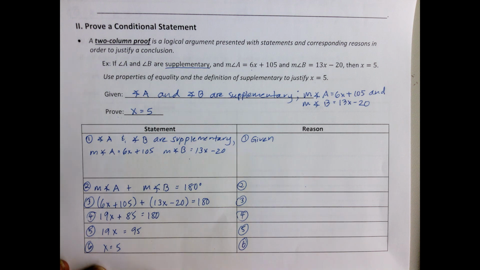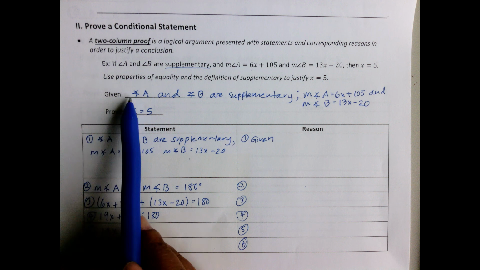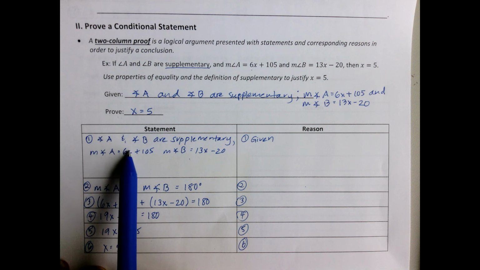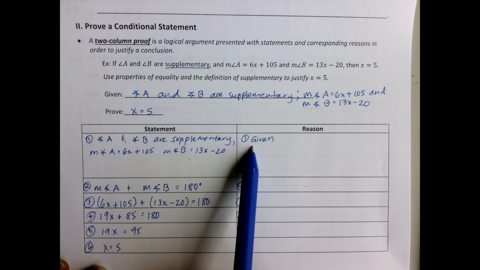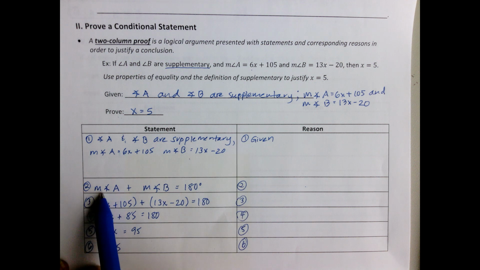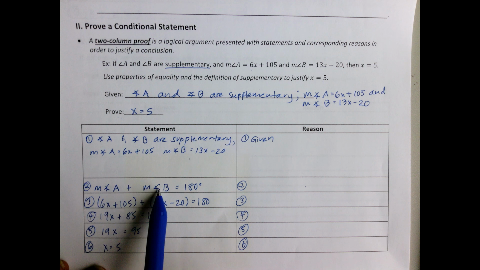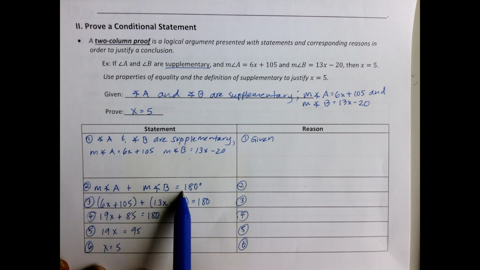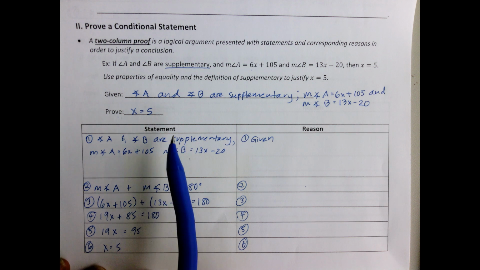As you can see, I rewrote the given in the first box. That's my first statement, and the reason I used to back it up is that it was given to us. That's always the first thing you write in a proof. The second statement is that the measure of angle A plus the measure of angle B is 180 degrees. Why is that true? Because of the definition of supplementary angles.